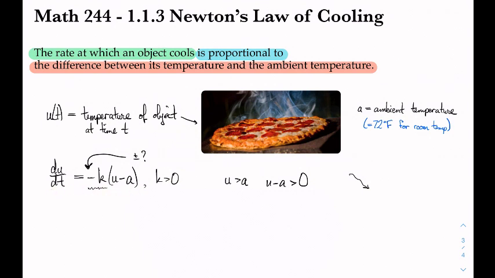Okay, so we will see when we learn how to solve these things that U looks like A plus some initial temperature times e to the minus kt. And so the solution curves for such a system look like this.